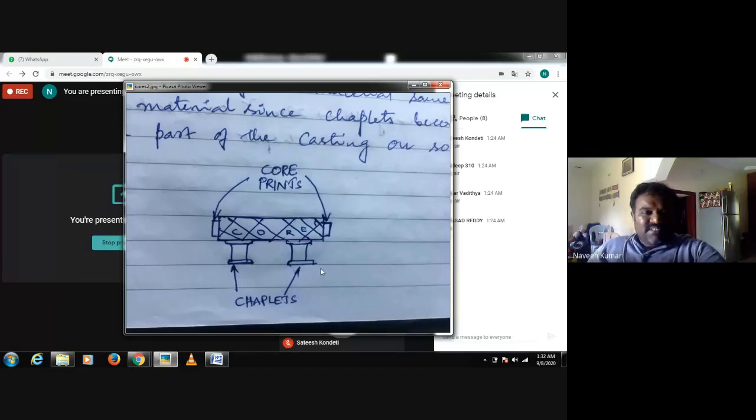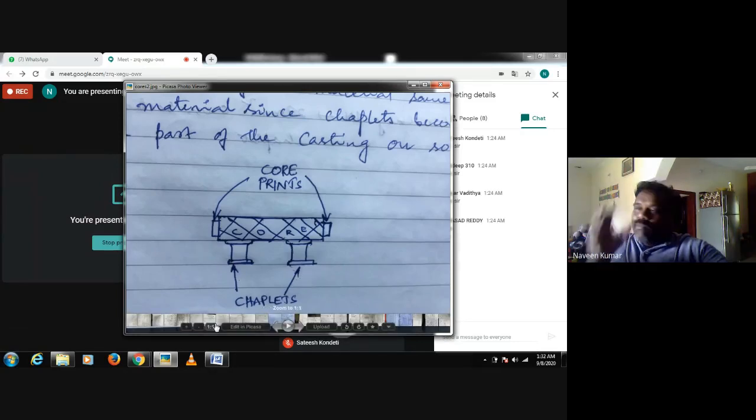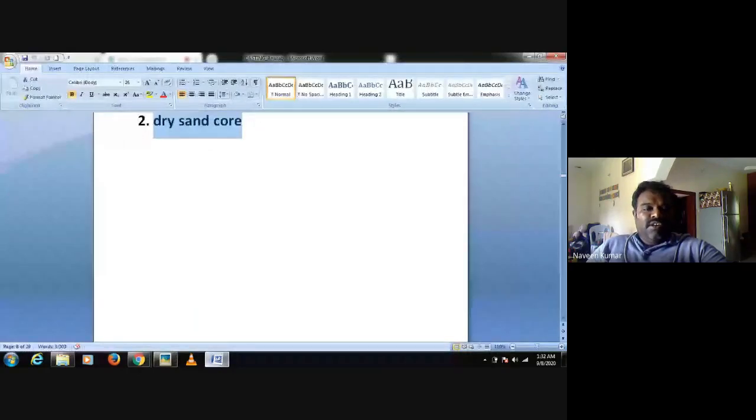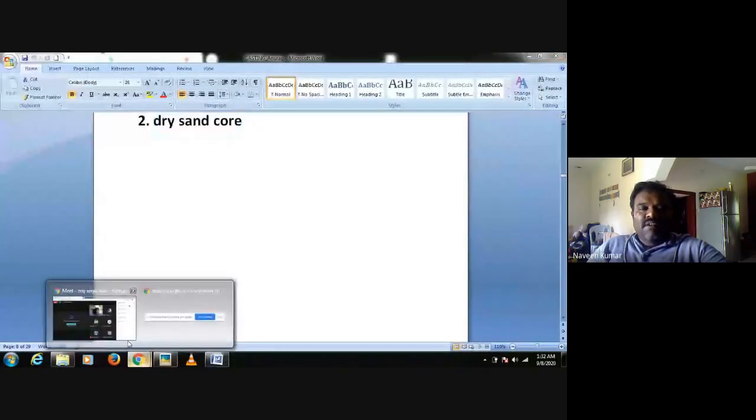Now, once it is appropriately placed within the mold cavity and supported with the chaplets, the moment we pour the molten material into the mold cavity, molten material surrounds the chaplets. The hot molten material, which is poured at around 1500 degrees centigrade, surrounds these chaplets, and due to heat transfer, these chaplets would start undergoing melting.